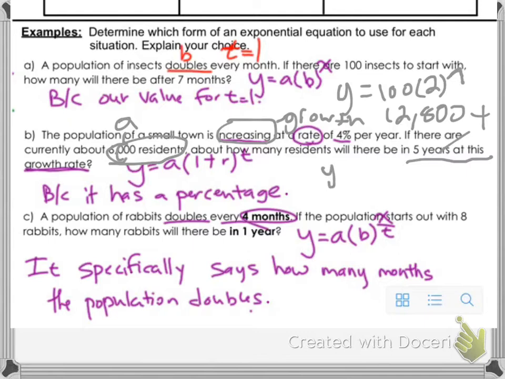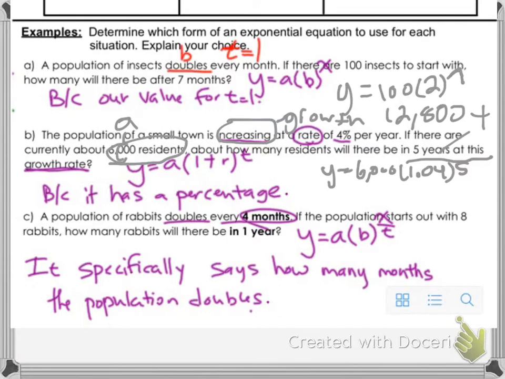So we set it up, y equals 6,000 times 1.04, because we got to turn that into a decimal. So you move it over, add them together. Alright, raised to the 5th power. Do that in our calculator. 1.04 raised to the 5th power.